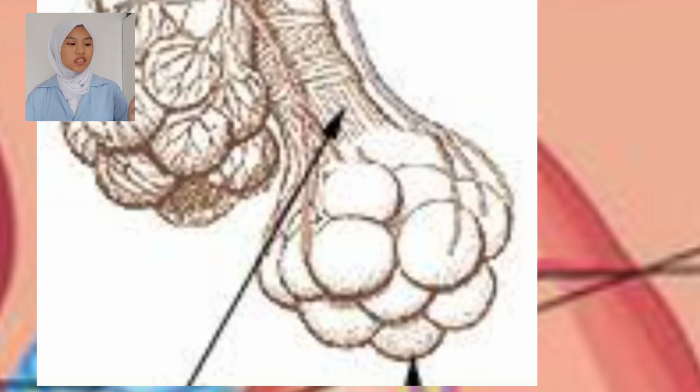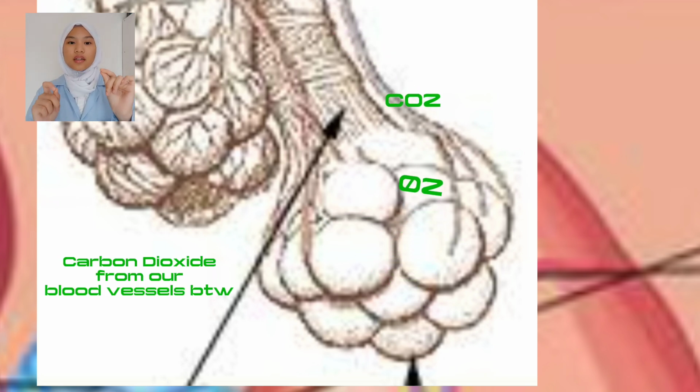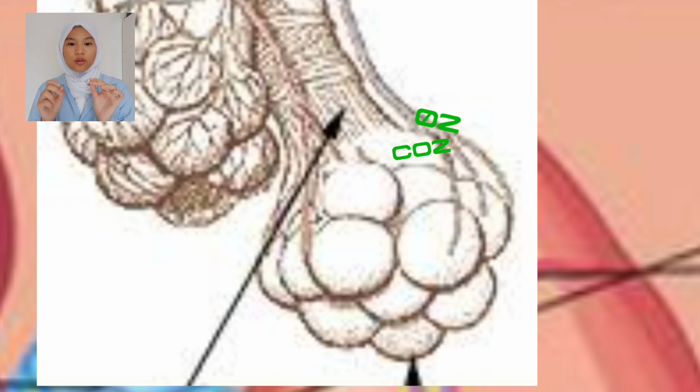The oxygen gets inside the alveoli, which are surrounded by blood vessels. When the oxygen hits the alveoli wall, it gets exchanged with the carbon dioxide. They swap places: the carbon dioxide goes into the alveoli and the oxygen into the blood vessels.